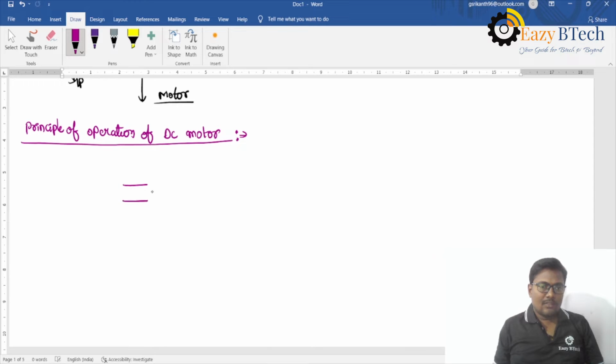If we draw the diagram, this is a field winding, which is wound on the field poles and excited with an external source, that too is a DC. Then it acts as a north pole and another one acts as a south pole.